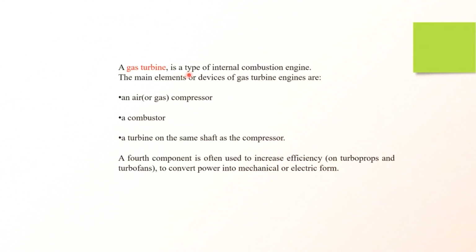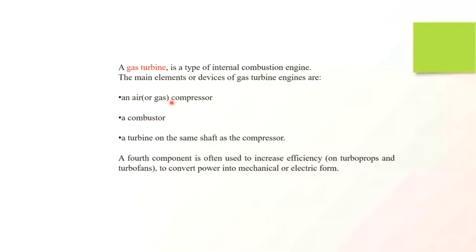So a gas turbine is a type of internal combustion engine. By now you should know what an internal combustion engine is. Now the main elements or devices of gas turbine engines are first an air compressor or a gas compressor, then a combustor which is used to burn the air and fuel mixture.